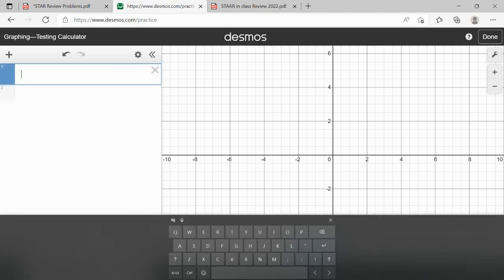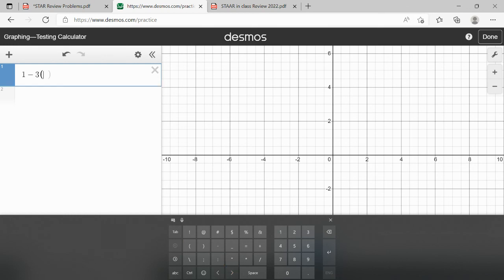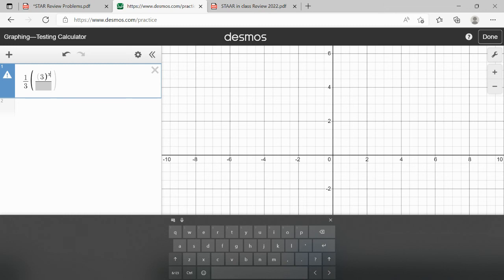It's up to you. So I'm going to do 1/3 in parentheses. I didn't do 1/3. Parentheses. I don't know what's in that thing. It's like 2/3. And then exponent of x.